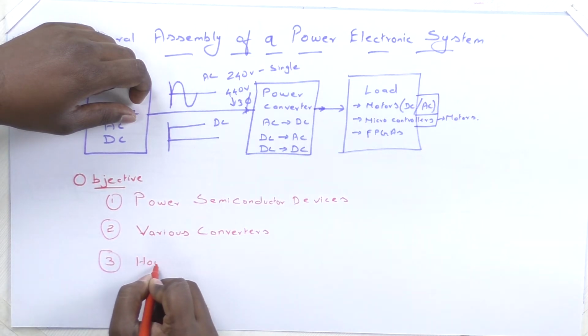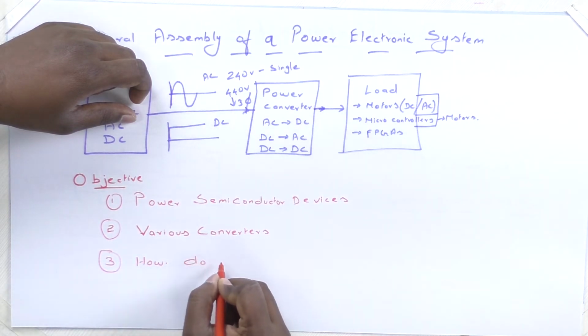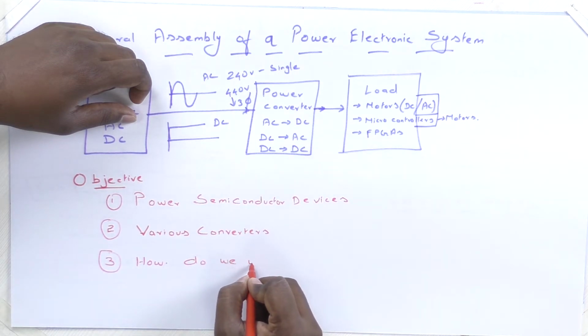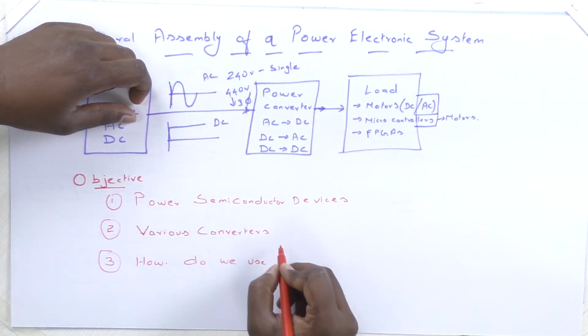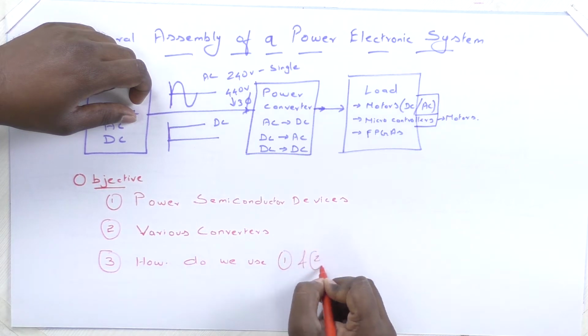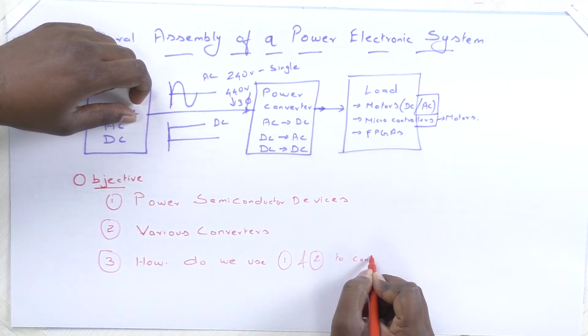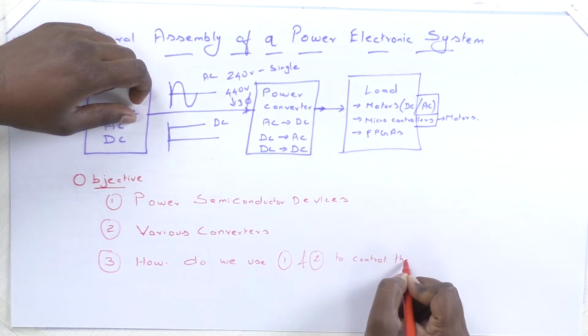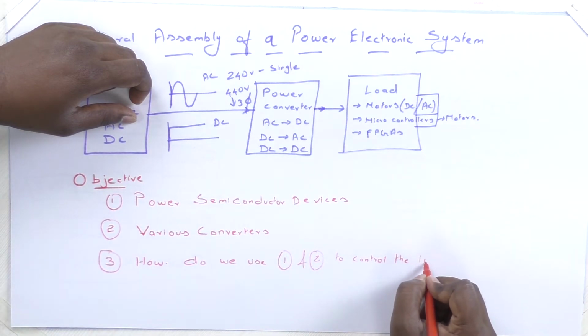How do we use 1 and 2 to control the loads?